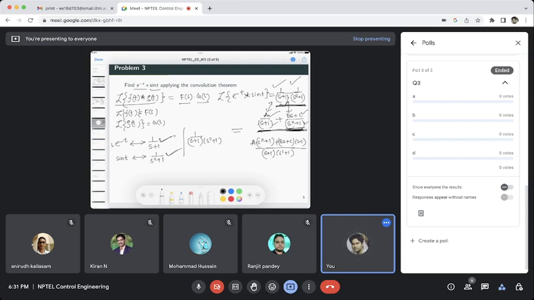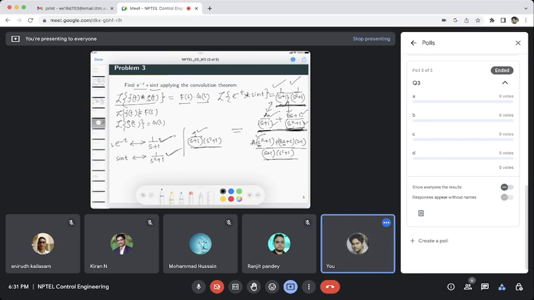Okay, so then we see that in the denominator these two terms are equal, and in the numerator we have to equate this with 1. That means we have to equate all the coefficients. The coefficient of s², the coefficient of s, and the constant coefficient, we have to equate them with this 1.